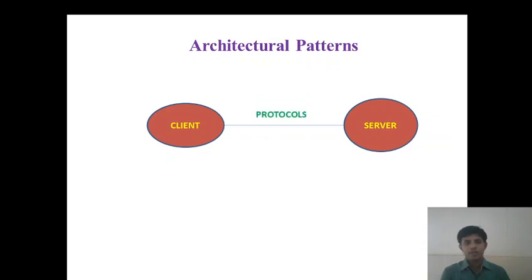Protocols are nothing but policies or rules used to establish communication between client and server. Simple. An architectural pattern gives the conditions or constraints on whatever elements we consider in our project. In this example, client and server are the elements, and the protocols are the constraints applied on the elements to communicate between these two project elements.